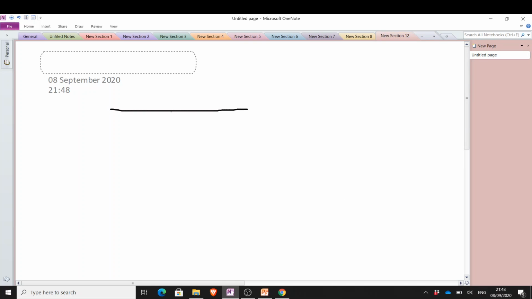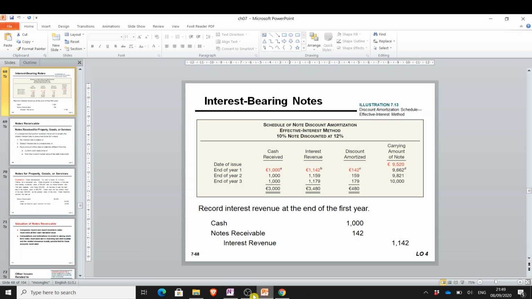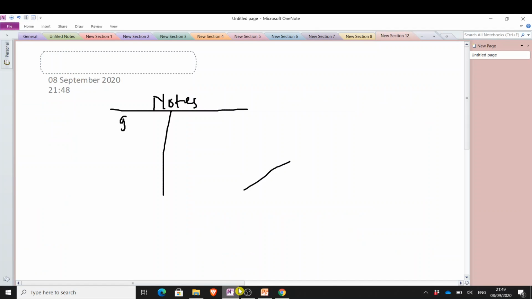If this is the notes receivable, we start our notes receivable with 9,520. And at the end of year 1, we add 142.